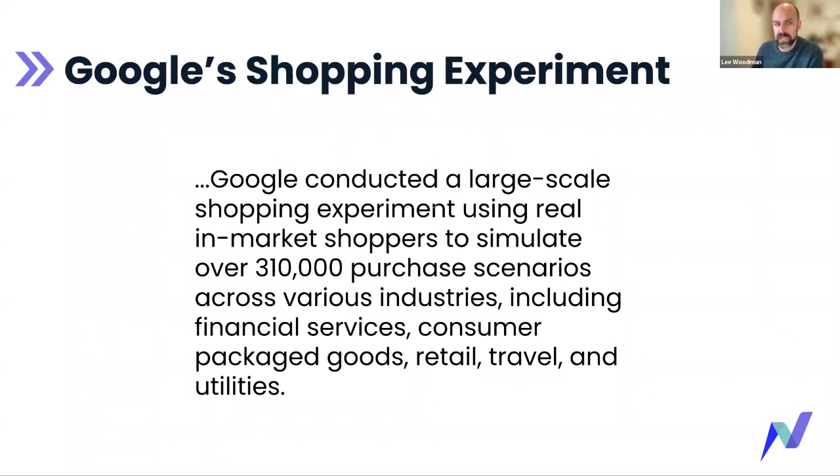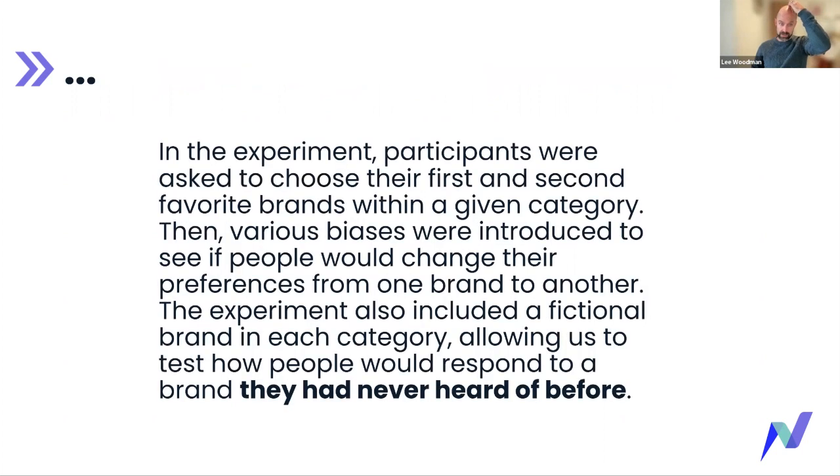So Google conducted a large-scale shopping experiment using real in-market shoppers to simulate 310,000 purchase scenarios across various industries, including financial services, consumer packaged goods, retail, travel, and utilities. And so in the experiment, participants were asked to choose their first and second favorite brands within a given category. So then various biases were introduced. So think about our levers that we were talking about previously to see if people would change their preferences from one brand to another.